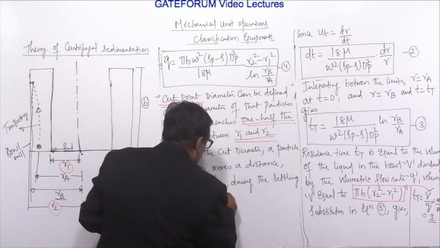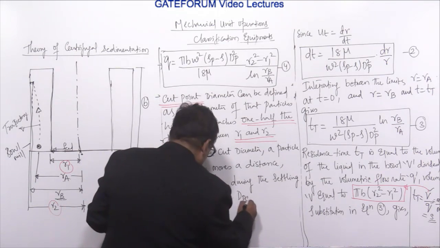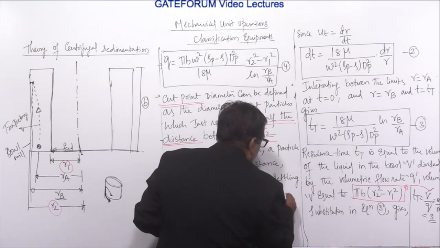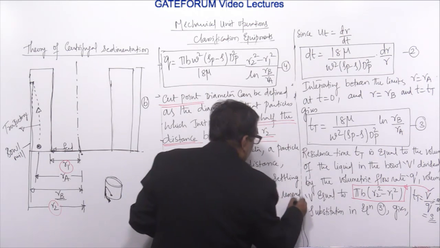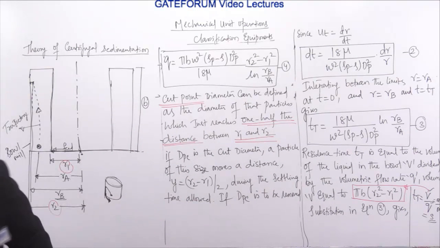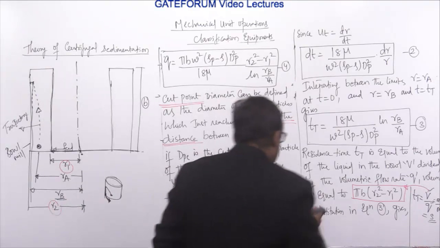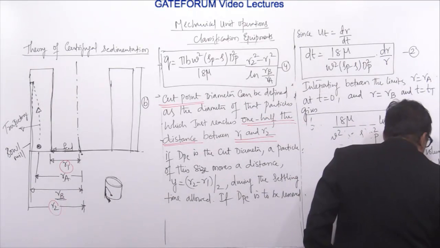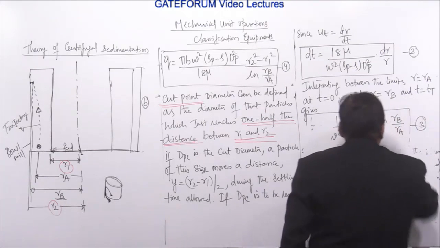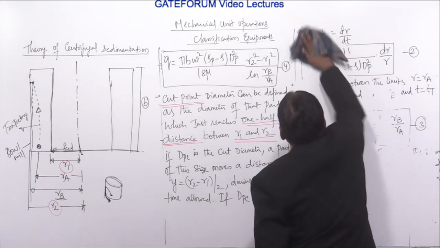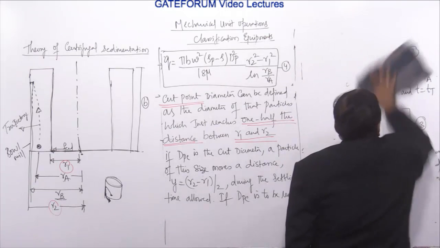Now if dpc has to be removed, then it has to reach the wall. That's all. The concept is that whatever the diameter of the particle, it has to reach the wall so that it will be away from the centrifugal force.